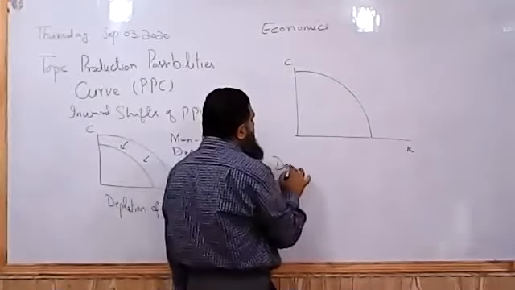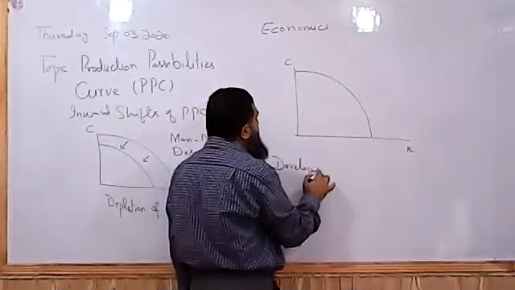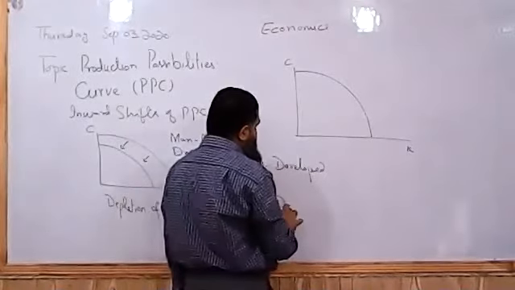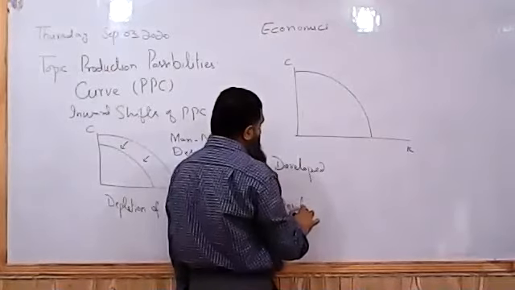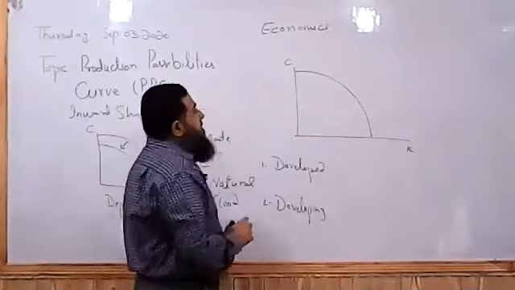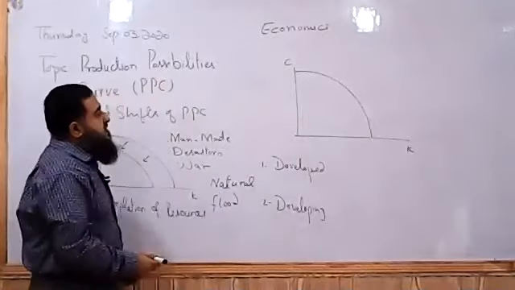One is called developed and another is called developing countries, like the poor countries. The developed countries, what types of goods are they producing? Their population size is less, so they are not producing too many consumer goods at present, rather they are producing more capital goods.